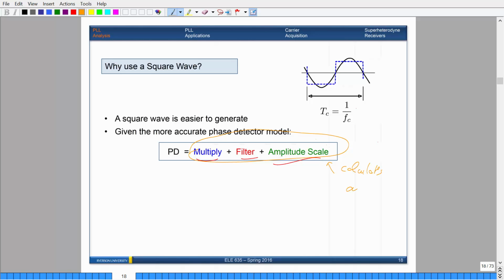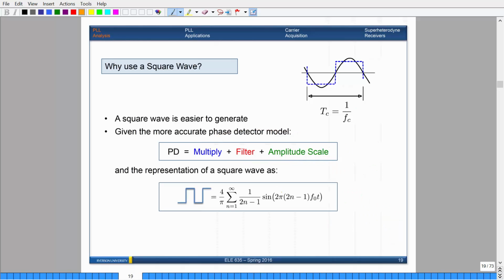If you take a look at the electronics and combine all these things together, what this does is find the area of the product of Vi and Vout. So whatever the input is coming in, and whatever the output of the voltage controlled oscillator is, if you apply all these steps, it finds the area bounded by the product of them as time progresses. Okay.